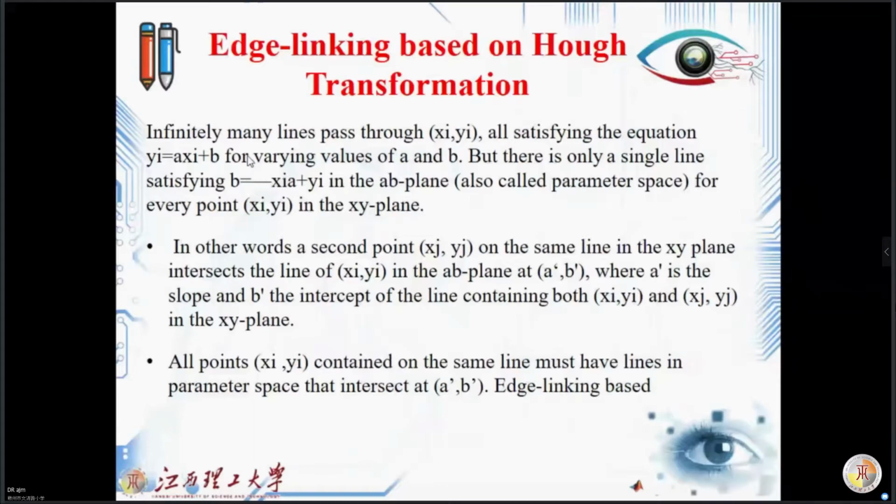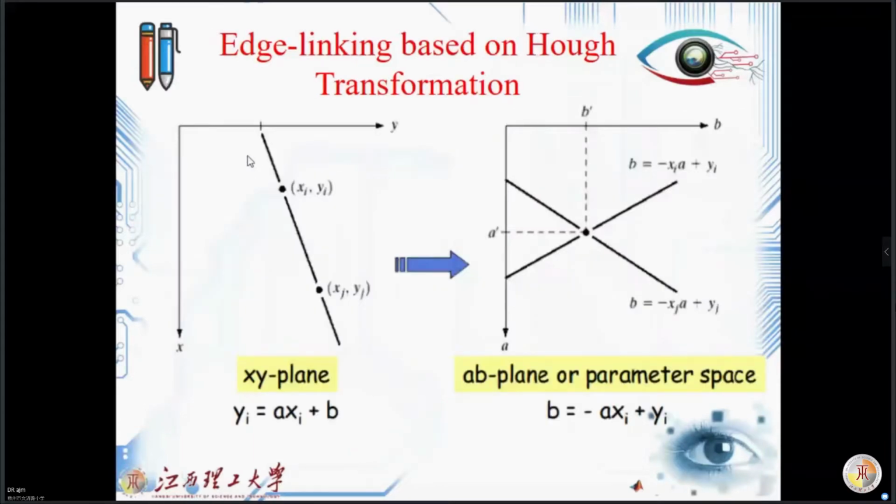Here we will see the xy plane and the point xi, yi, which can be represented as yi equals a xi plus b.